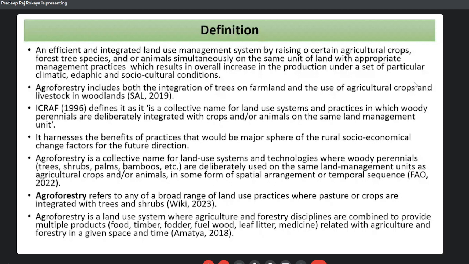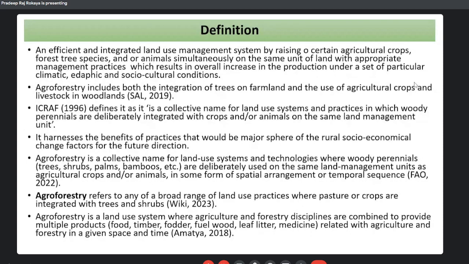Agroforestry is a collective name for land use systems and technologies where woody perennials, that means trees, shrubs, palms, bamboos, etc., are deliberately used on the same unit of land and the same land management units as agricultural crops and animals, in some form of spatial arrangement or temporal sequence.